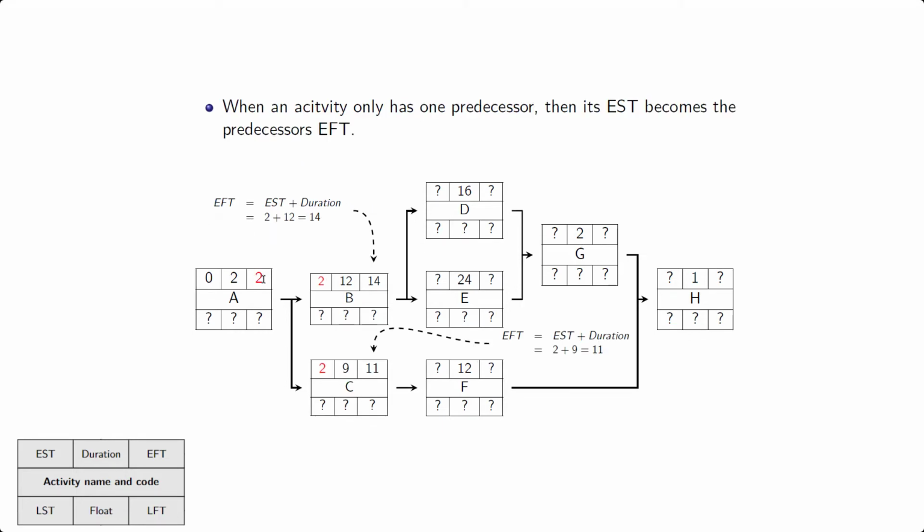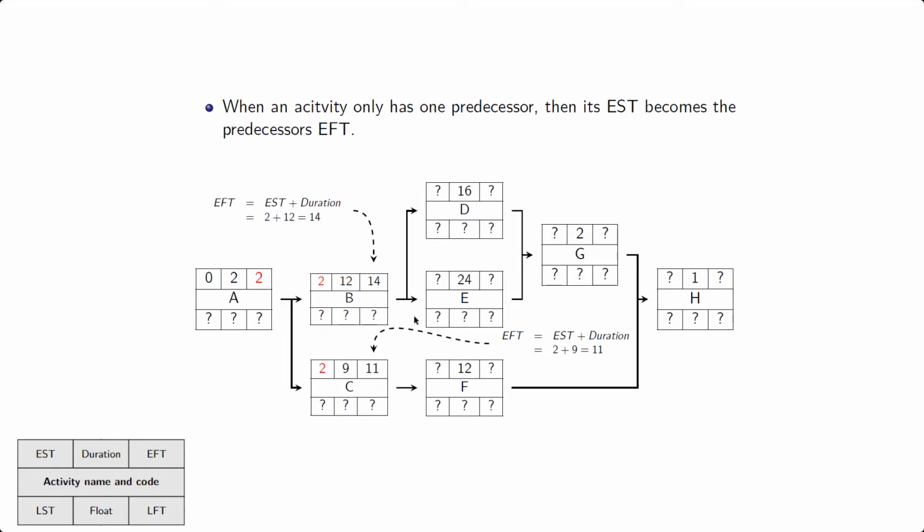Next, we look at the immediate successors, B and C. B and C have only one immediate predecessor, namely activity A. So the earliest finishing time from A, which is 2, is copy-pasted over here and becomes the earliest starting time for both B and C. The top right corner becomes the top left corner for B and C. And then 2 plus 12 is 14, and 2 plus 9 is 11.